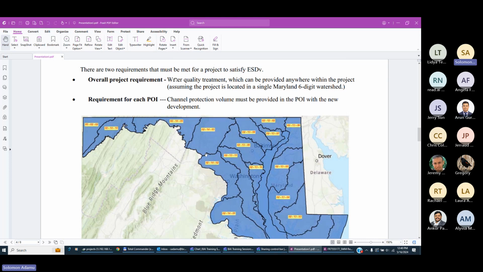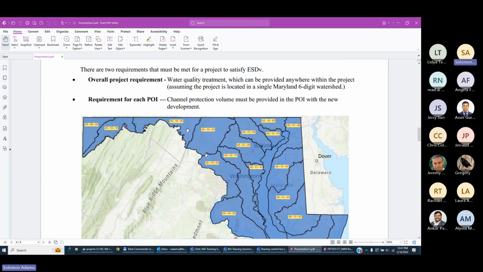So you design water quality anywhere within the 6-digit drainage area, but for POI channel protection, it has to be at the location of the POI, because we are trying to protect the channel. So let's say we have a project which is crossing into two watersheds.